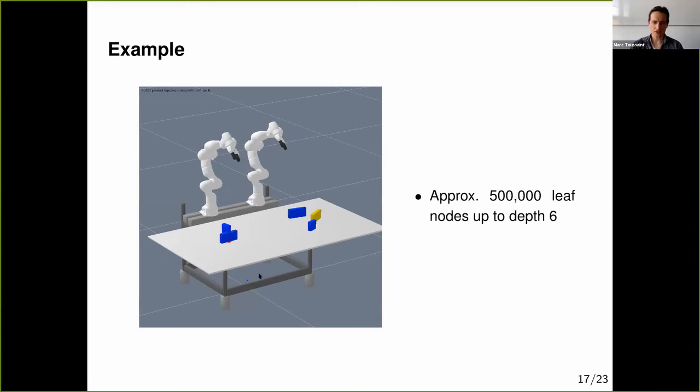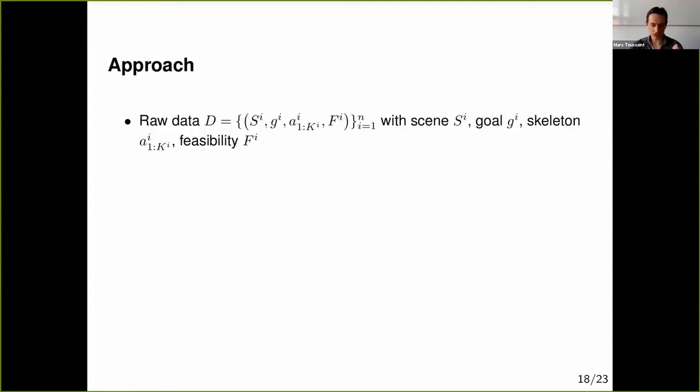But the combinatorics can get really large if you model it on a fundamental level. Here, the tree of possible decisions becomes really large with just 6 actions. And doing this planning on the fly would be not fun. That's why we try to train a neural network as a shortcut.